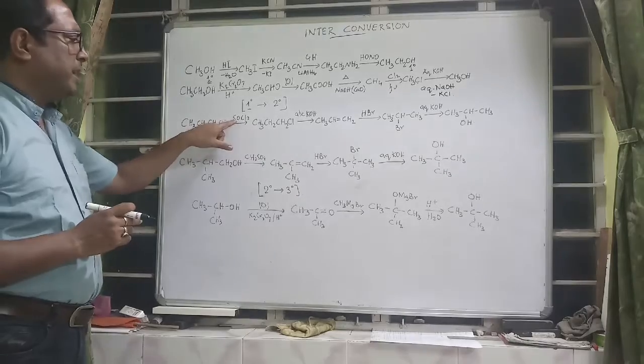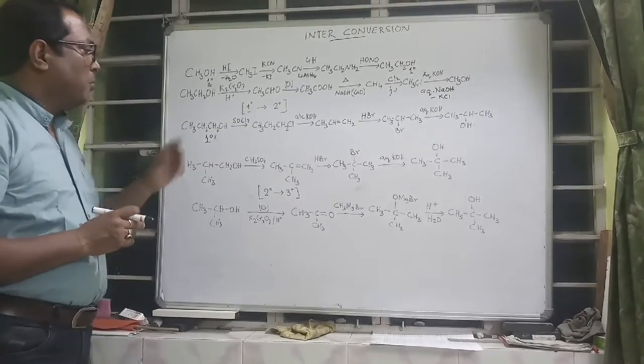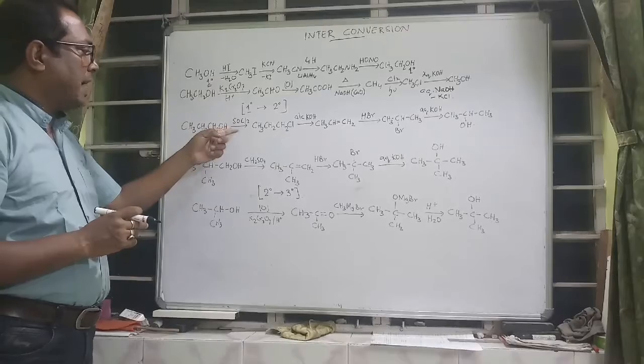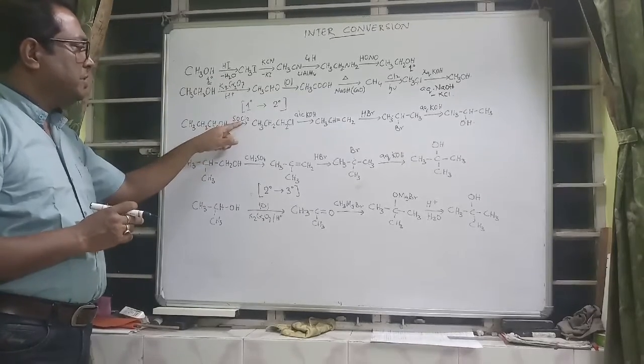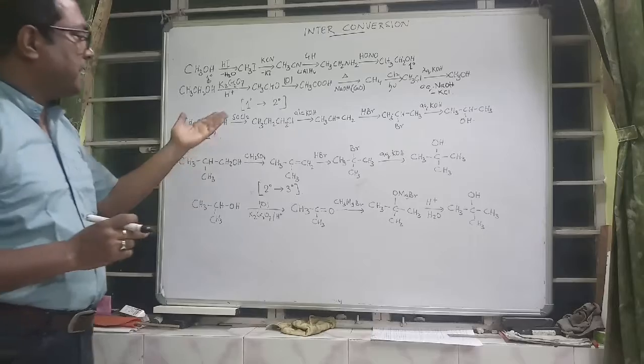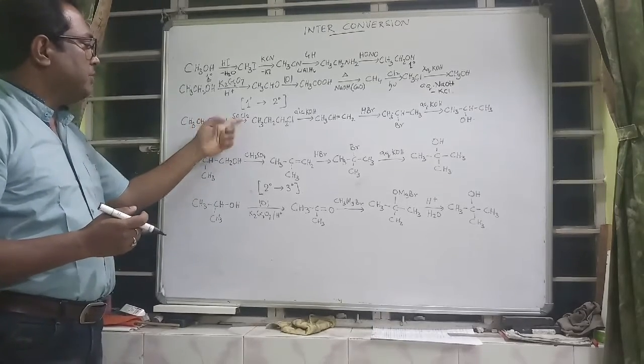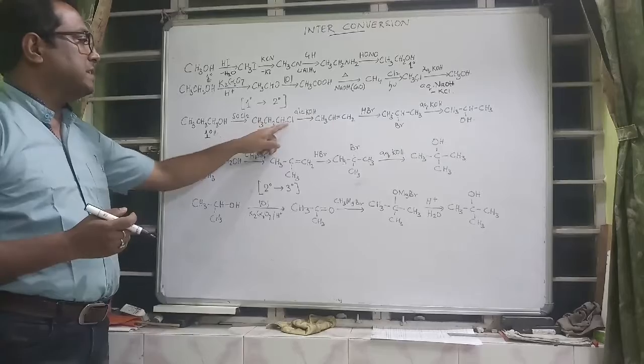When we are treating with thionyl chloride, SOCl2 is thionyl chloride, you can treat with hydroiodic acid also. So here you can take PCl5, you can take PCl3, you can take SOCl2, it's up to your use. So it will replace this OH with a Cl.